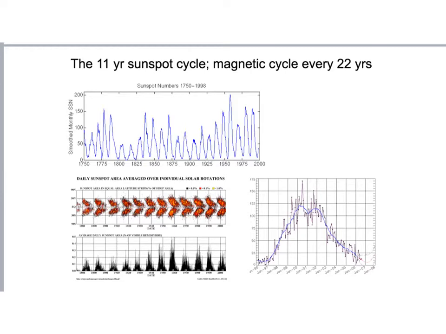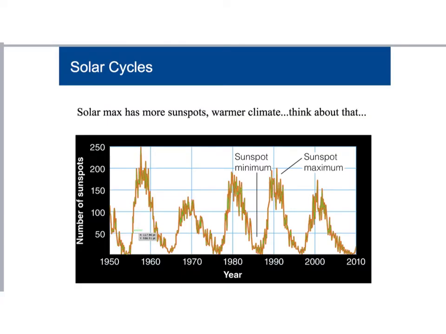But because we have this record of sunspots since 1750, we can track their migration over time, and we can then determine what the magnetism would be at that time. So we can see that there are these peaks and troughs, and we have periods where they're higher and periods where they're lower. And we would call these sunspot minimum and sunspot maximum.